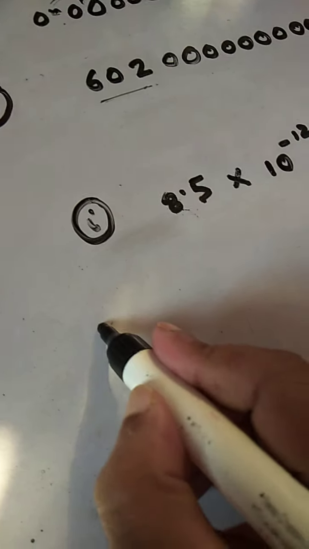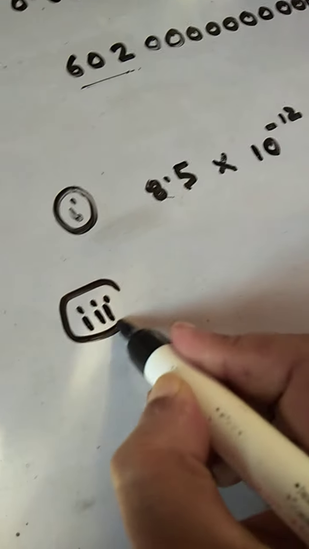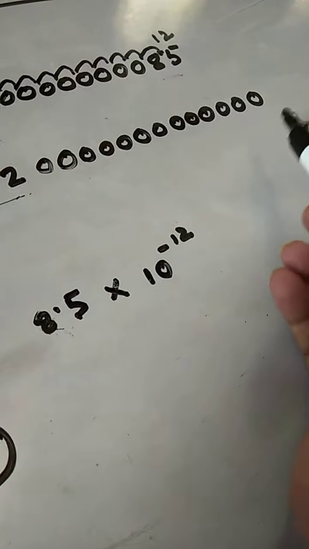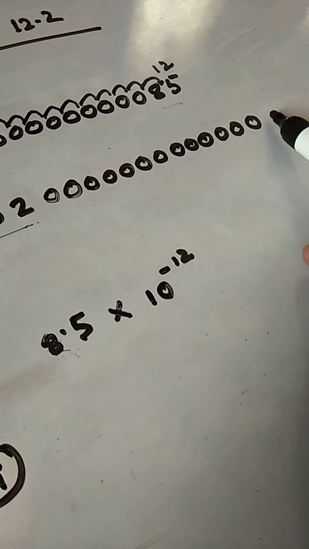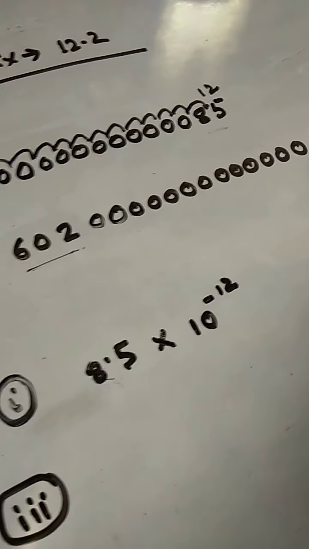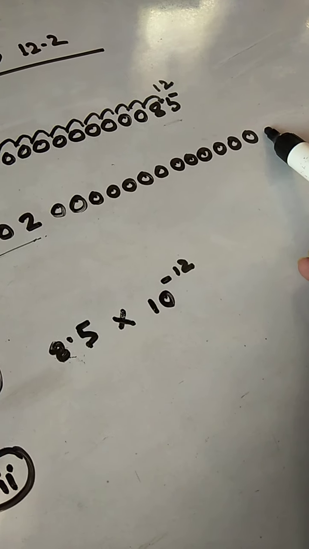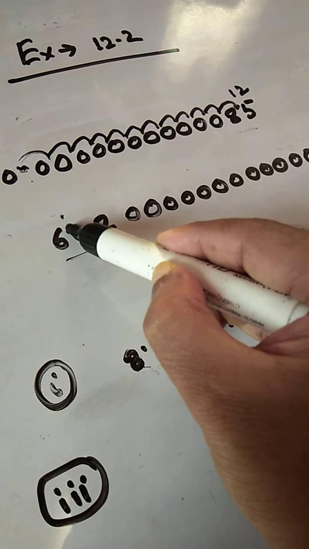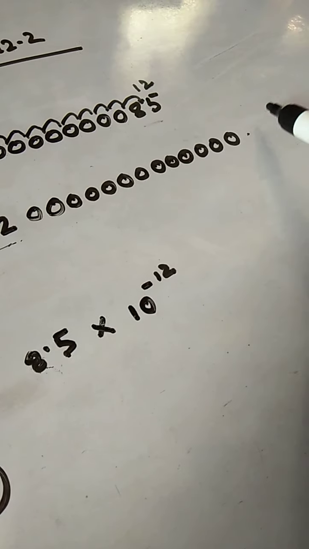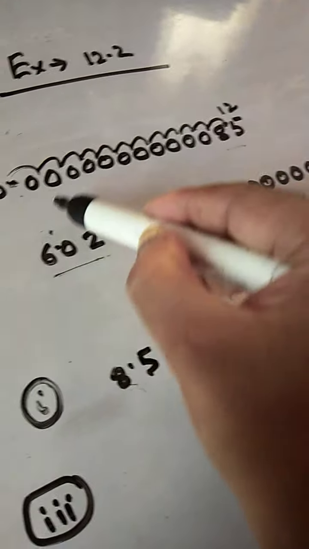But in case of number 3, there is no decimal. So this time, when no decimal is there, you consider that the decimal is here, and you have to come up till here. So you remove the decimal from here to here.